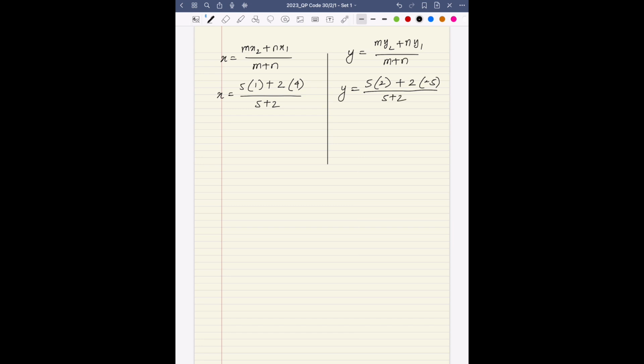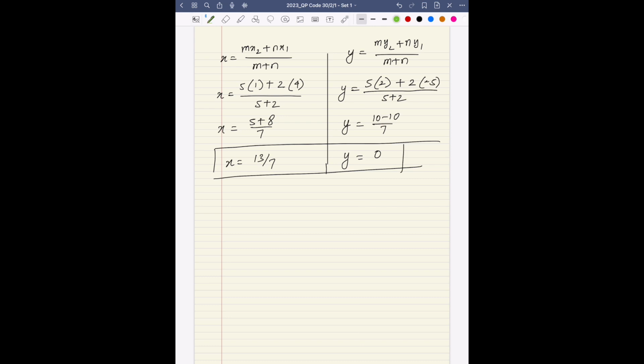So if you look here, x is equals to 5 plus 8 upon 7, y is equals to 10 minus 10 upon 7, so the final result is x is 13 by 7, y is 0. This is our answer.